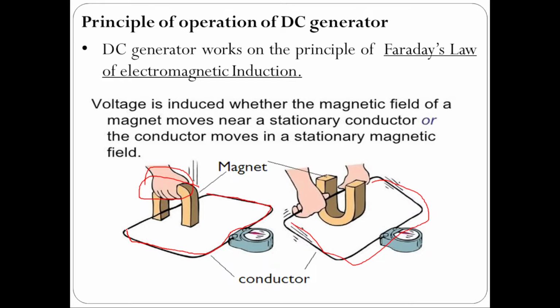Okay, that is E equal to minus n d phi by dt. There is another example, no need, I have explained it to you. Now, I have been discussing the DC generator, isn't it?